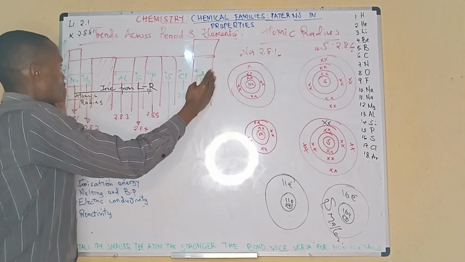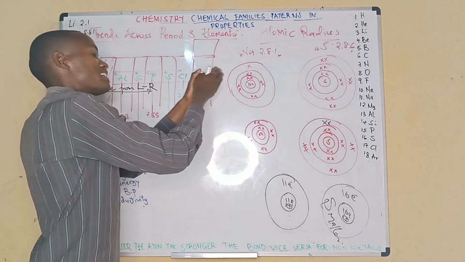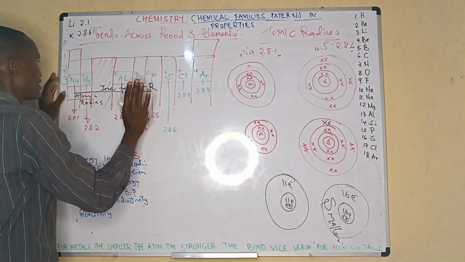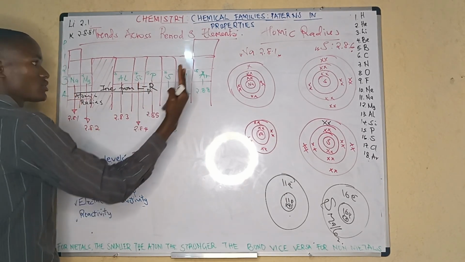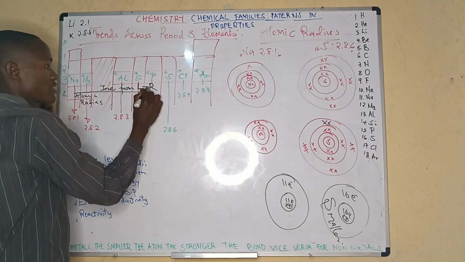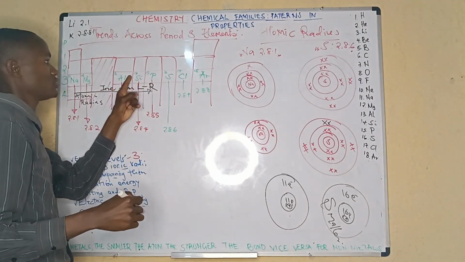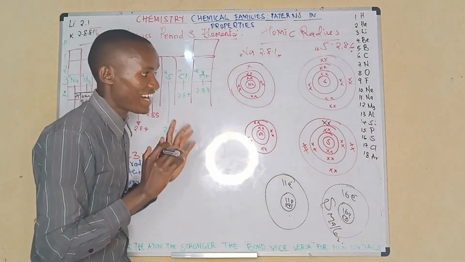That is how we discuss periods. Someone might say from right to left, but let us prefer left to right. The reason is the increase in the number of protons that results in a higher nuclear attraction.